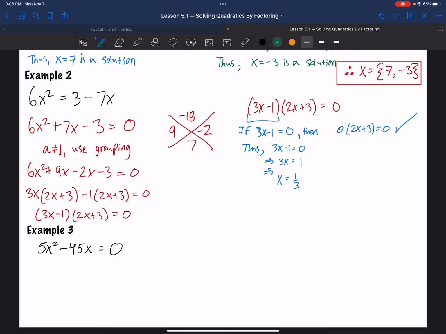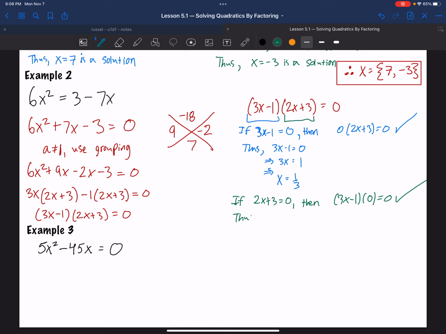Then in green, I can say here, same idea, if 2x plus 3 equals 0, then again, 3x minus 1 times 0 equals 0 is true.